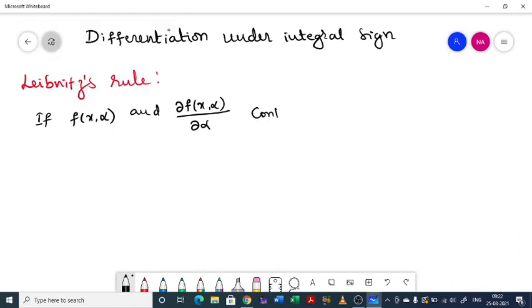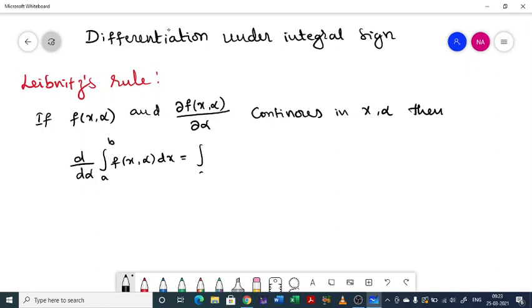in both variables x and alpha, then we have d by d alpha of integral a to b f of x comma alpha dx is equal to integral a to b dou by dou alpha of f of x comma alpha dx.